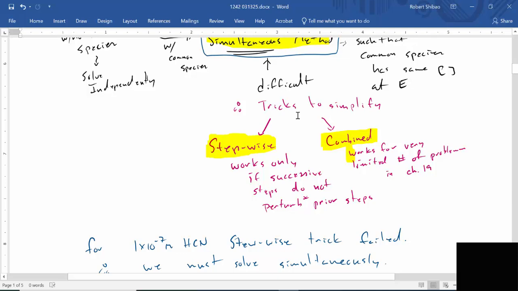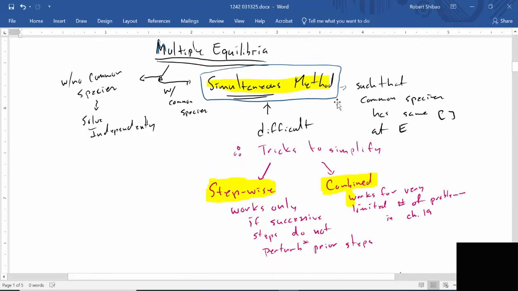A few of them, it doesn't, and we have to go full simultaneous. The combined method fails for everything in chapters 16, 17, 18, except in chapter 19, we'll have some very unique scenarios where it works. So is this clear?